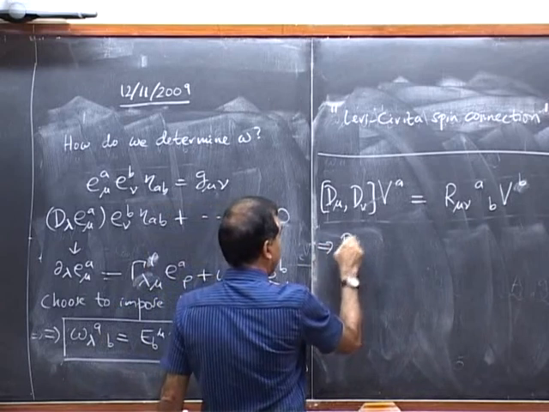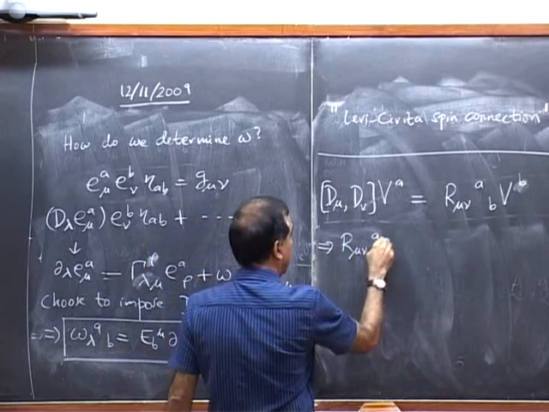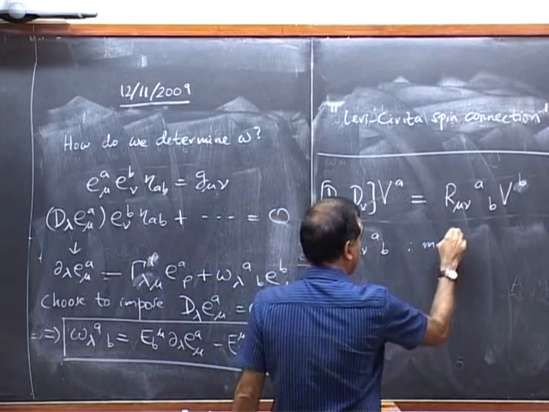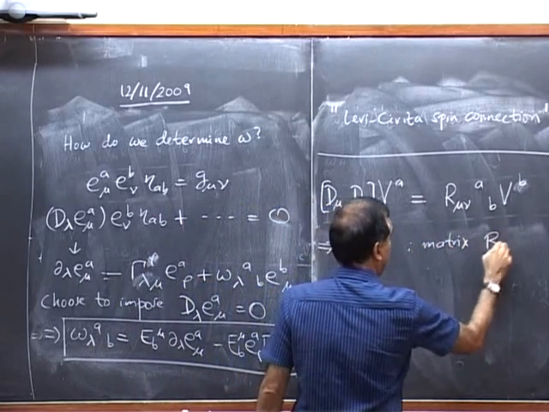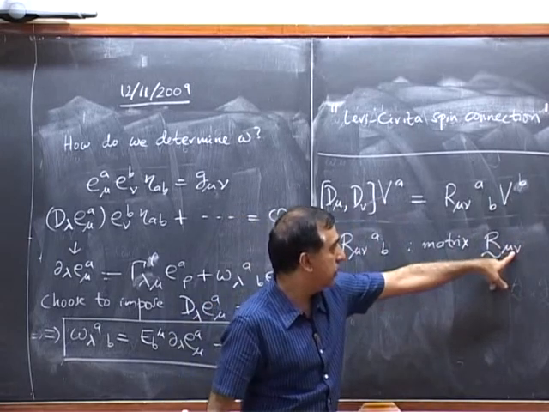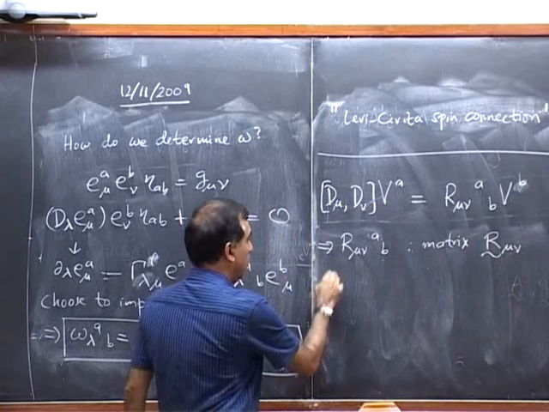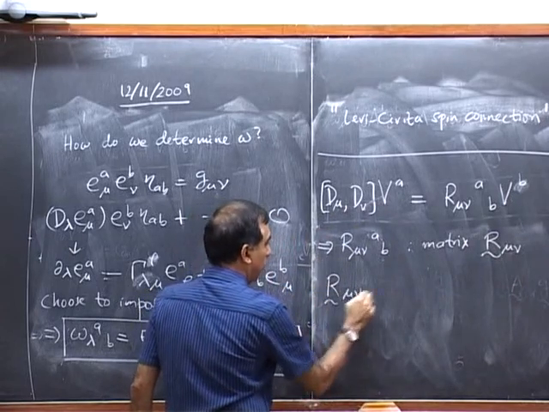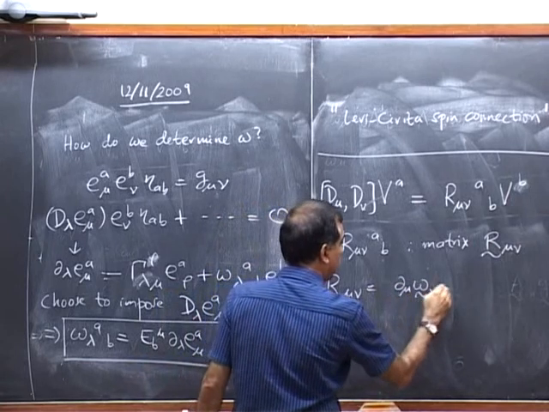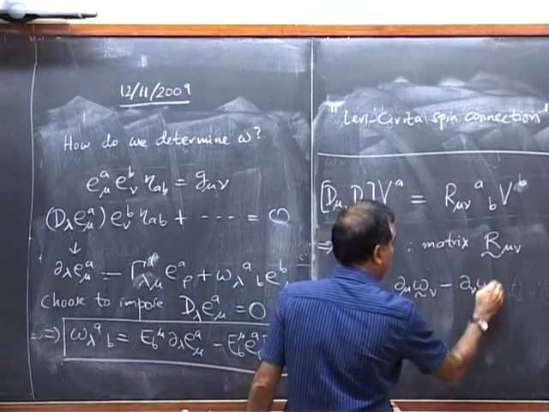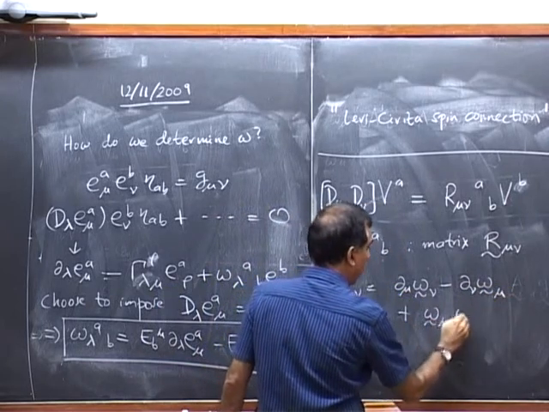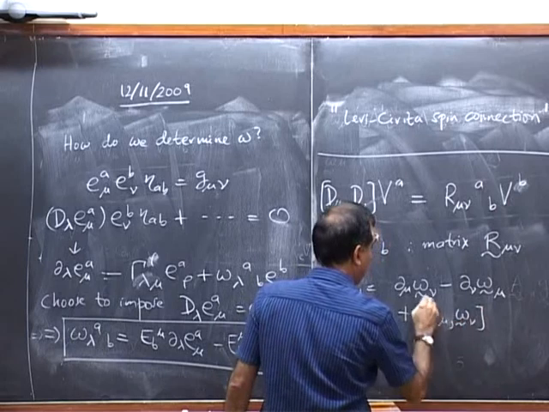And what you find is that R mu nu AB is most easily expressed as a matrix R mu nu. So it's a second rank tensor under GCTs and a matrix in AB, which is given as del mu omega nu minus del nu omega mu plus the commutator of omega mu and omega nu.